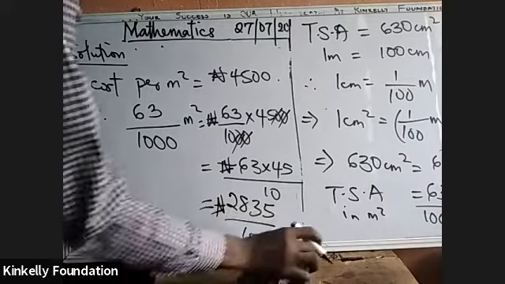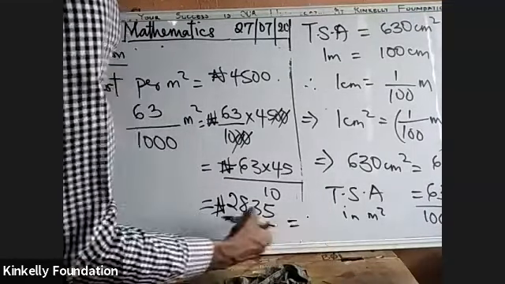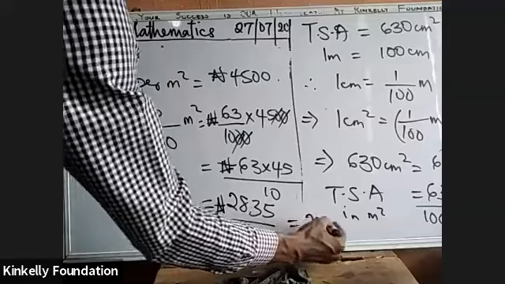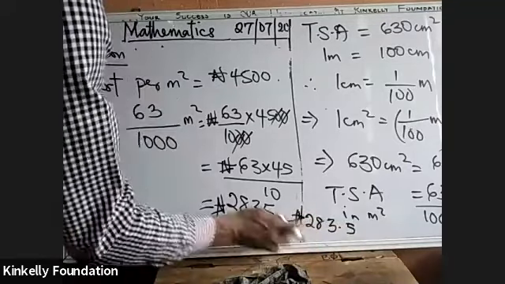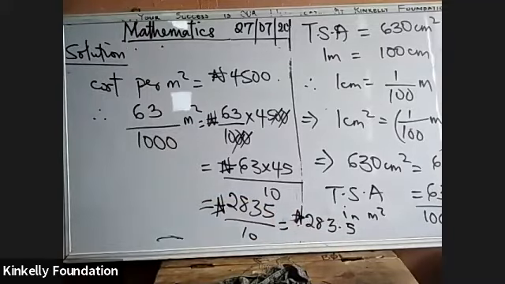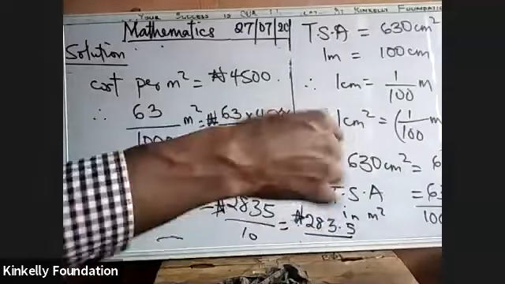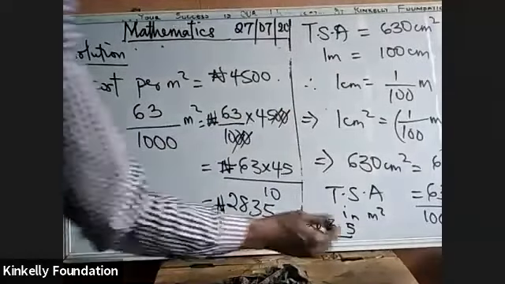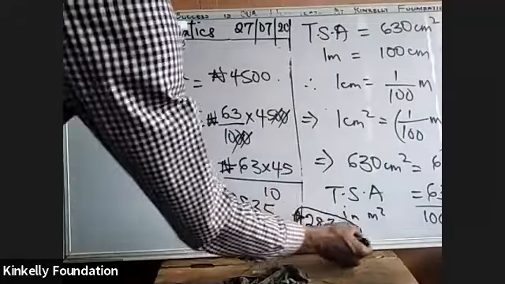Now, when you work more on it, we get 283.5 naira. This is the answer, but we have not yet arrived. They say we should present this answer to the nearest 10 naira.